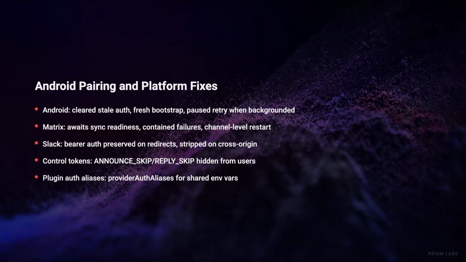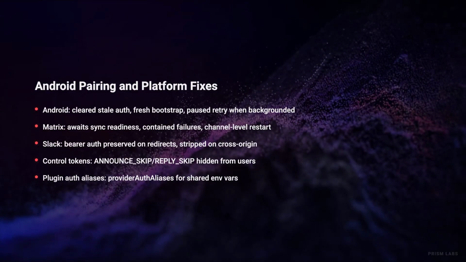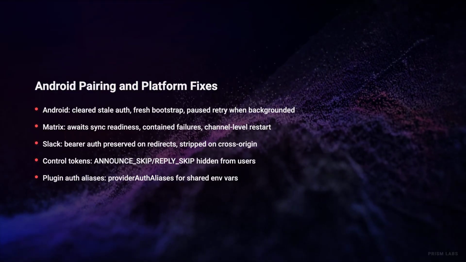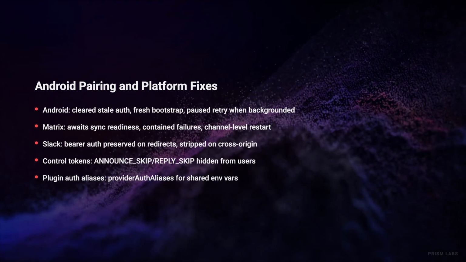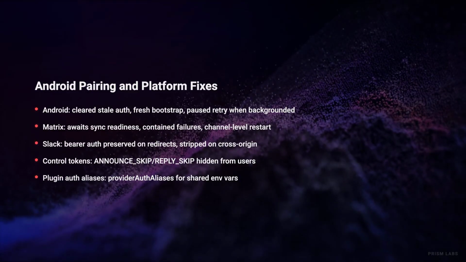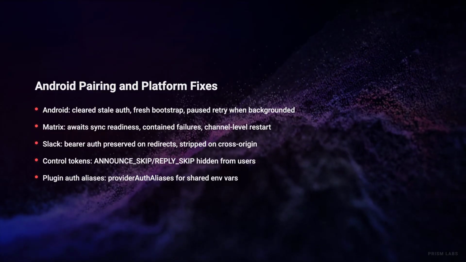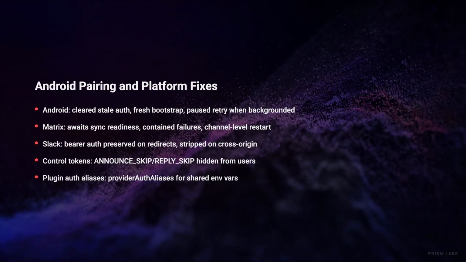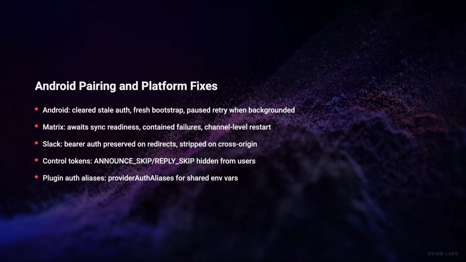It bootstraps operator and node sessions from fresh pairing credentials, prefers stored device tokens after the bootstrap handoff completes, and pauses the pairing auto-retry loop while the app is backgrounded, preventing battery drain, unnecessary network activity, and the frustrating experience of the app retrying connections in the background. Manual connect mode also improved. Blank port input is now allowed only for TLS endpoints, defaulting standard HTTPS to port 443.